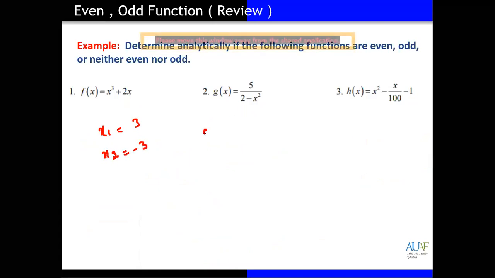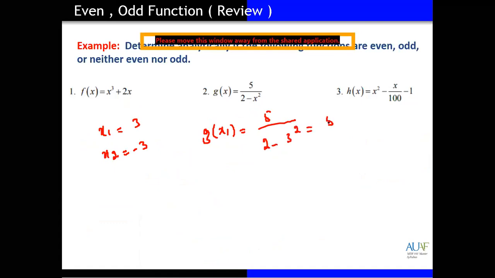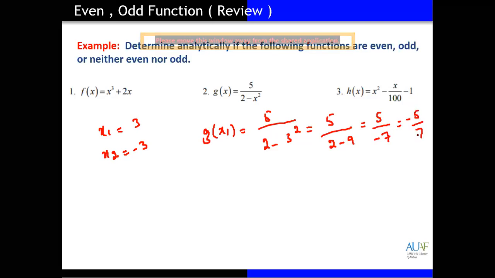First one, g of x1, we know x1 is 3, 5 divided by 2 minus 3 square, equal to 5 divided by 2 minus 9, which equals 5 divided by minus 7, so minus 5 divided by 7.